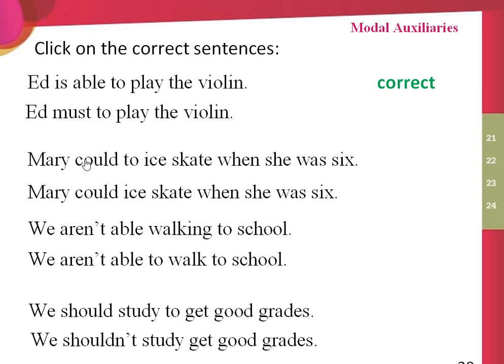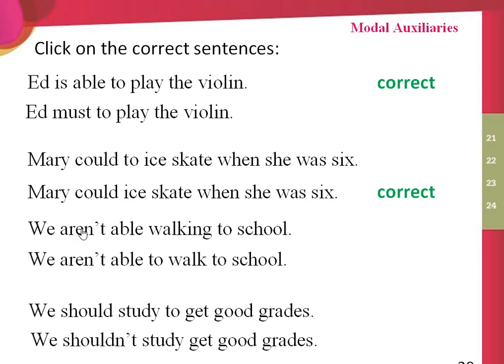Example number 2, Mary could to ice skate when she was 6. Mary could ice skate when she was 6. And the right answer here is Mary could ice skate, because in the same way as must, could doesn't have an infinitive. So Mary could to ice skate is not okay.